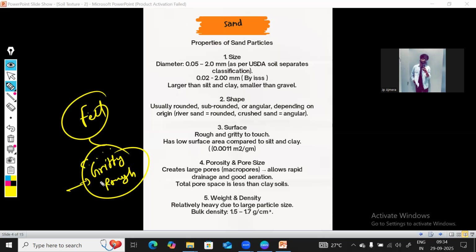When we hold sand in our hands, it feels rough because it has a low surface area, as we already learned.